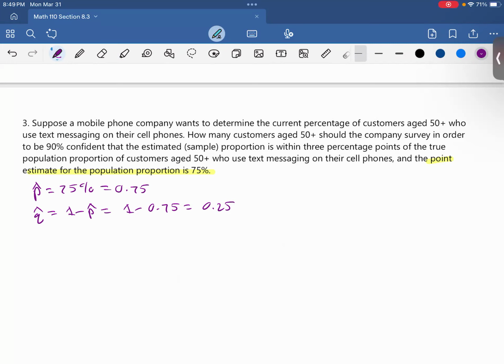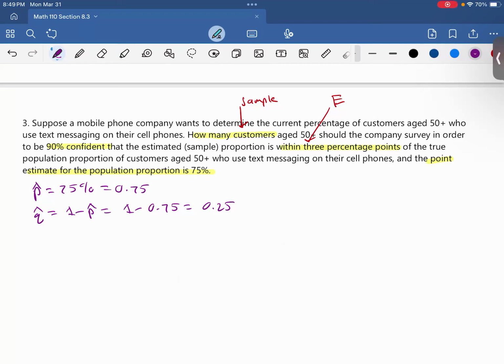A couple of things as well: we have how many customers, that means we're dealing with a sample. We have the statement within 3 percentage points, that means our error. And we have 90% confidence. Let's write some of this down.